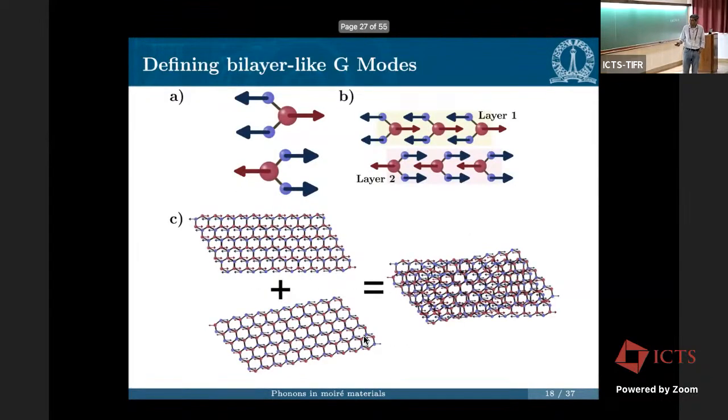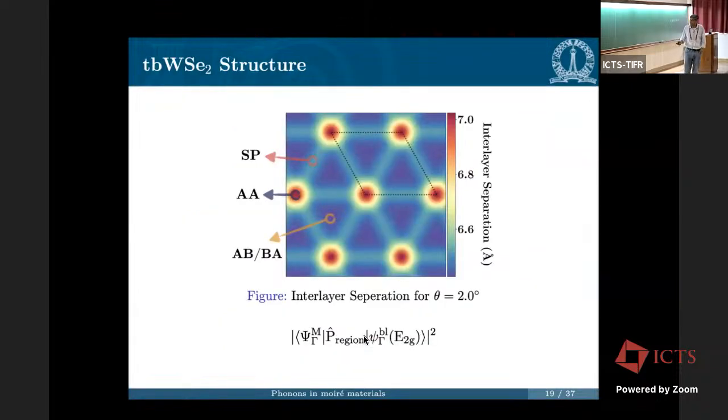But now the thing that we are after is the splitting. So how are we going to get at the splitting? So if you look at, let's say, this interlayer separation landscape, you notice that there are many different kinds of regions, which I discussed before. So what we're going to do is we're going to take the phonon eigenvectors that we get from our calculation at the gamma point, and we're going to project them onto different layers, right?